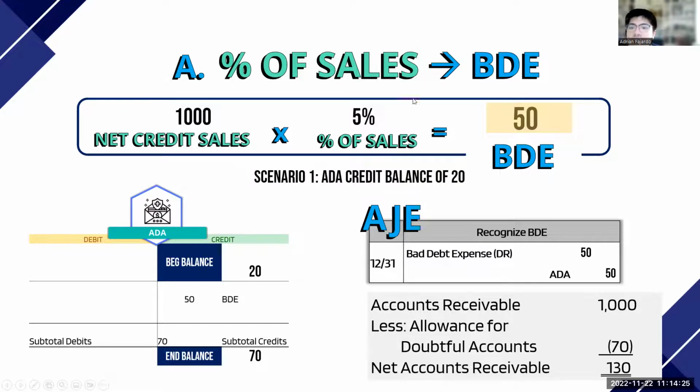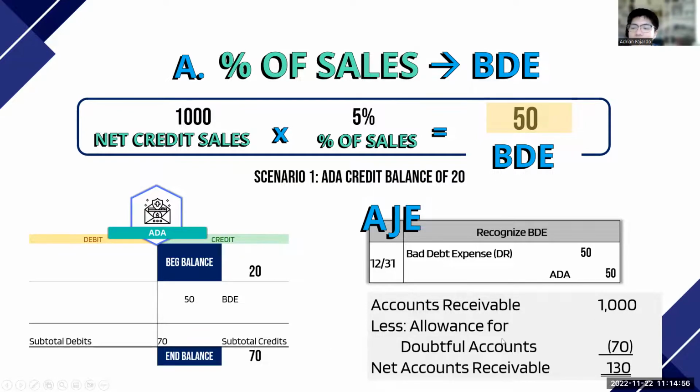See the difference? So pag percentage of sales, BDE yung makukuha natin. And then, once nakuha natin yung BDE, we'll be able to plug it into the ADA T account so that we get the ending balance of ADA. Once we have the BDE and also the ending balance of ADA, we can do two things. Number one, using the BDE, we can make an adjusting entry already of debit BDE, credit ADA for 50. Ito yung na-solve natin.